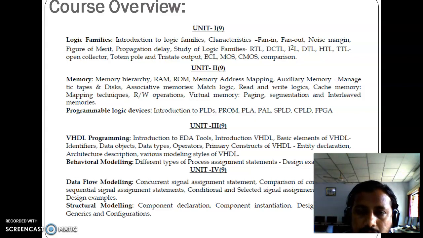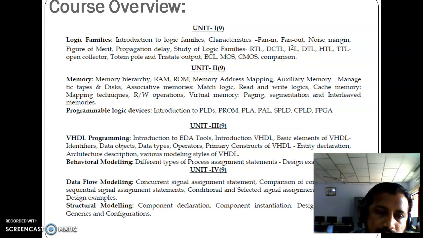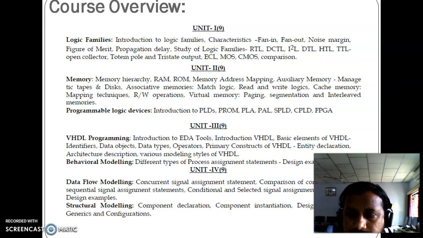Each unit would take up 9 theory classes. Along with this, you would have tutorial classes. The first unit discusses logic families, and the second unit discusses memories, then the PLDs, CPLDs and FPGAs. And the third and fourth units discuss VHDL programming.